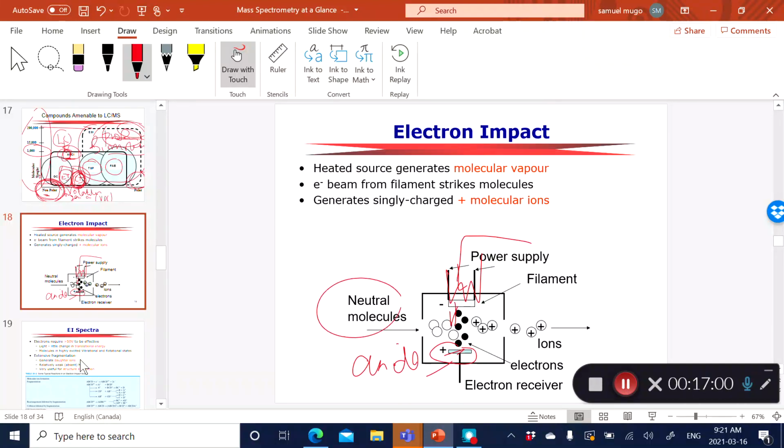And so you can see the neutral molecules pass through this very harsh environment, where electrons are moving at very high speed. Due to that, collision causes ionization, and whatever is coming out becomes an ion.